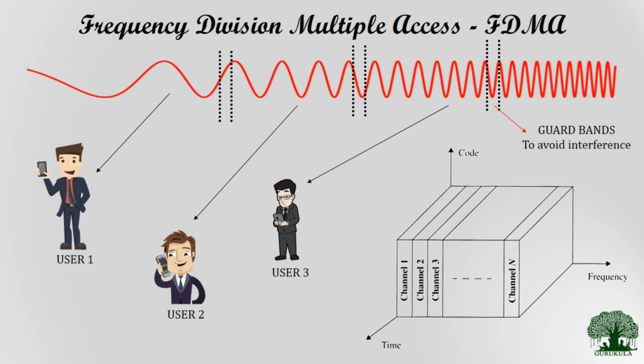These guard bands are introduced to avoid any interference between the users. As you can see in the diagram, the pictorial representation of FDMA, the users are differentiated in terms of frequency. This principle is what we have discussed as frequency division multiple access.